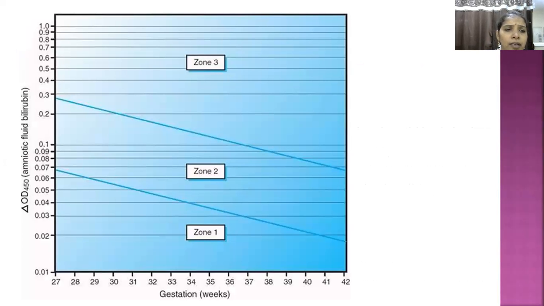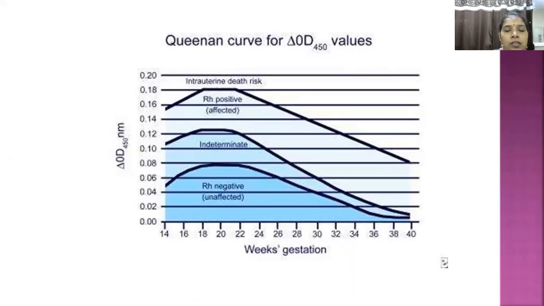Based on the optical density, as we discussed before, there are 3 zones based on the amniotic fluid bilirubin: zone 1, zone 2, zone 3. This is also another classification, the Queenan curve for optical density, with 3 categories: Rh negative unaffected, intermediate, and Rh positive.